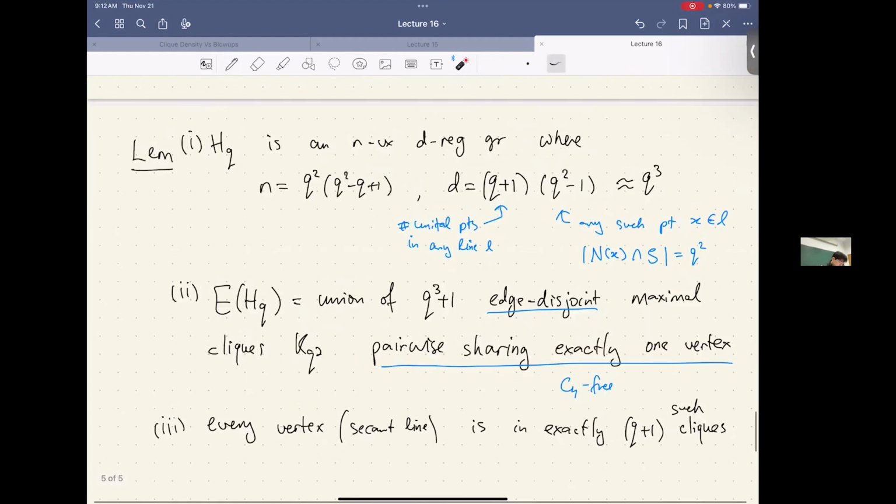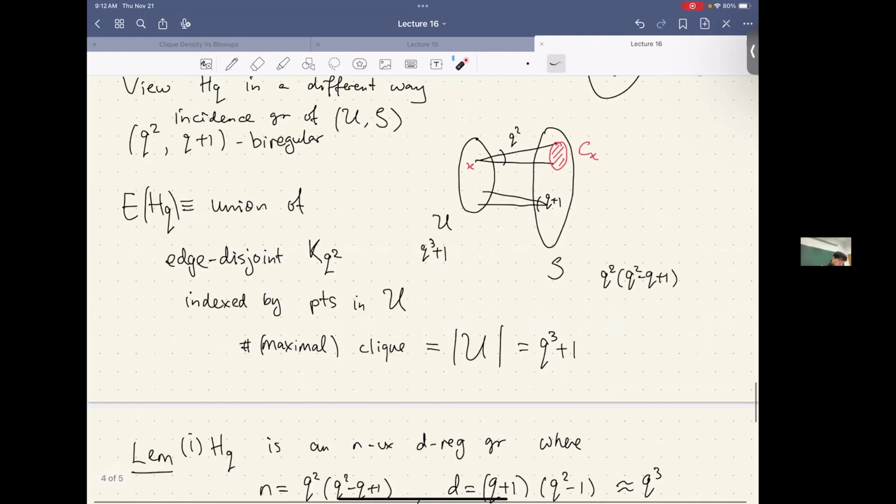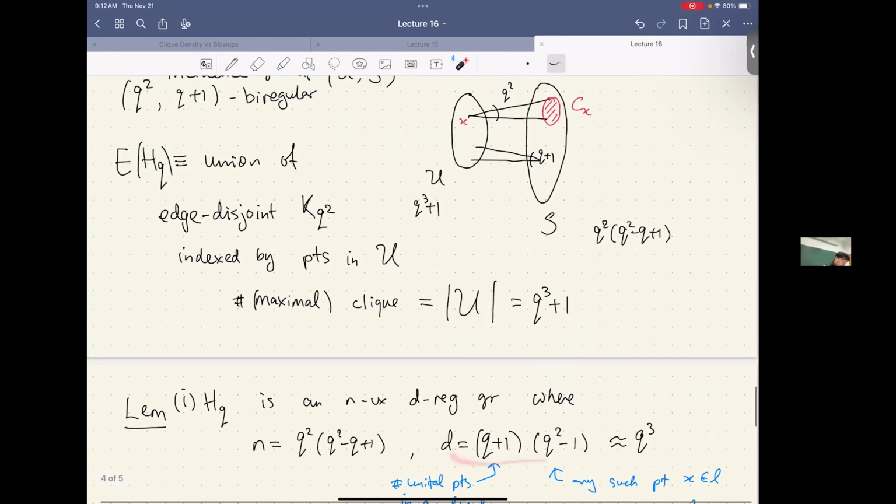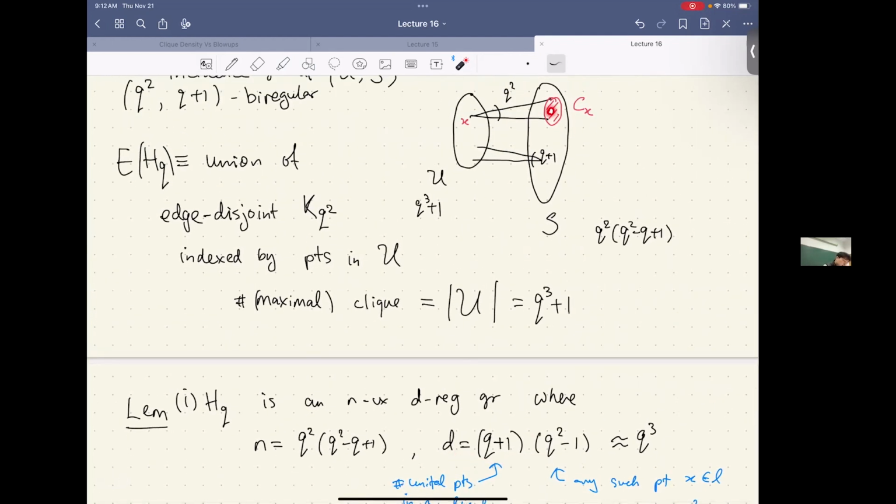Why is that true? That's how we count the degree, right? Every secant line inside this Cx is inside all the, you look at all the points x prime, look at their neighborhood. It also contains this line. So it's exactly q plus 1.